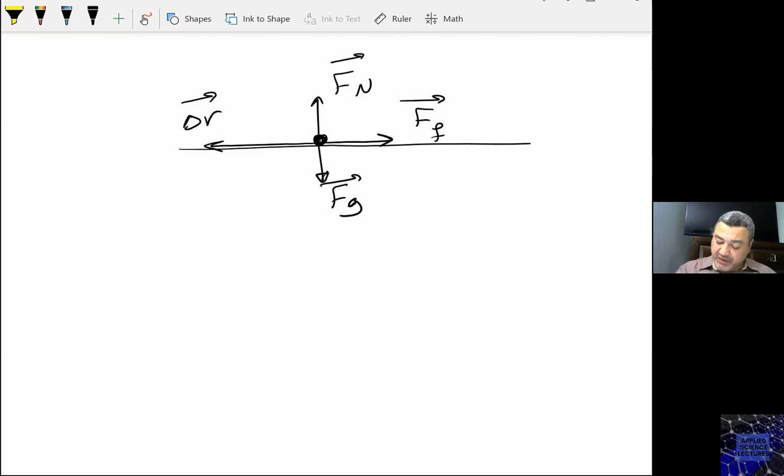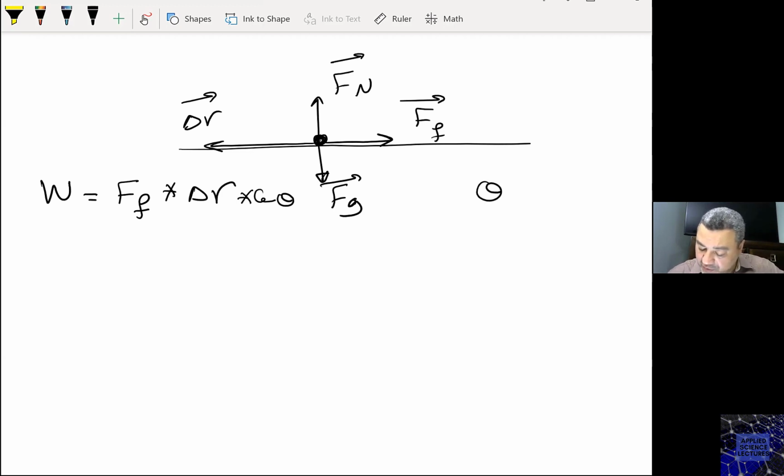Now let's see what is given to me. We want to calculate the work that has been done by the friction force here. So I have W equals F magnitude times delta R times cosine theta. Now notice that the theta between Ff and delta R is 180 degrees. So cosine theta is -1.